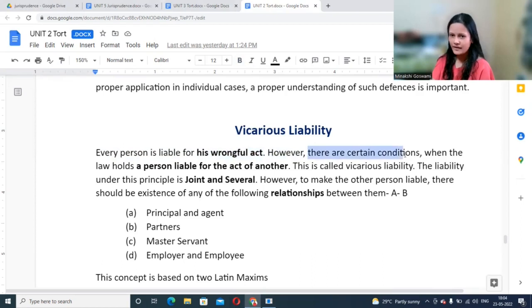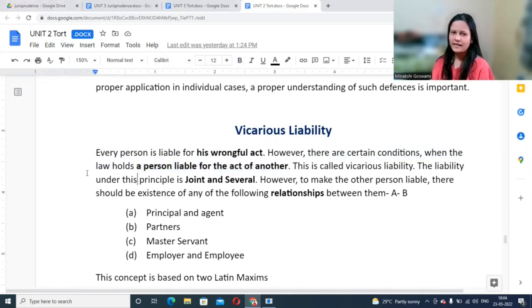However, there are certain conditions when law holds a person liable for the act of another. Ideally, whatever I have done, only for that I am made liable. But if certain conditions are satisfied, law can make one person liable for someone else's act also.